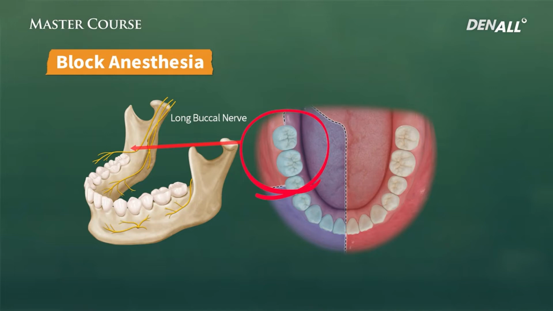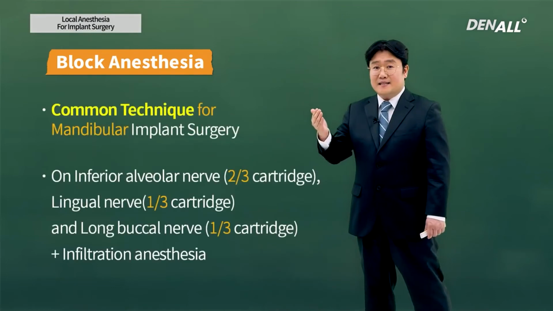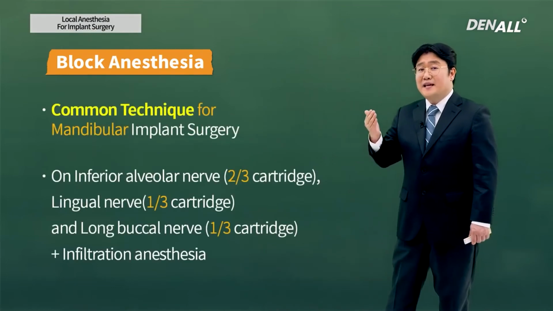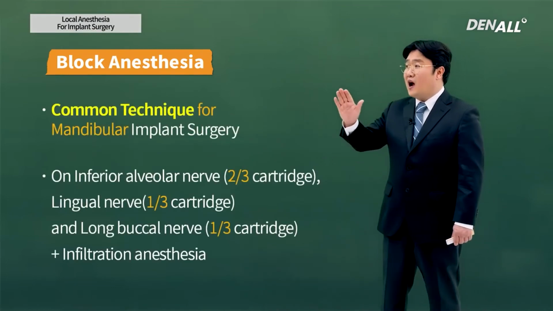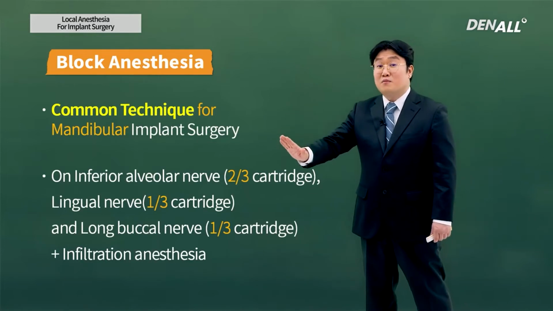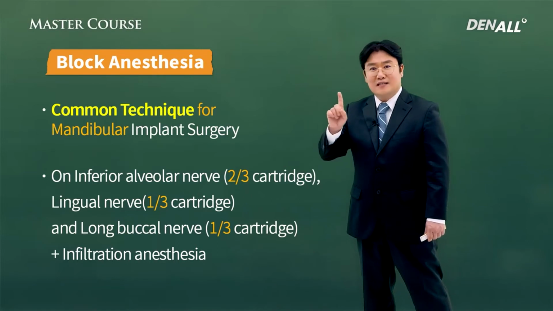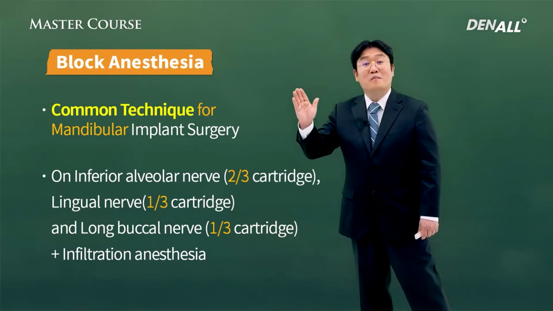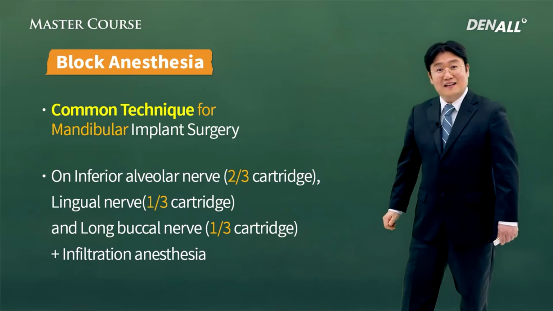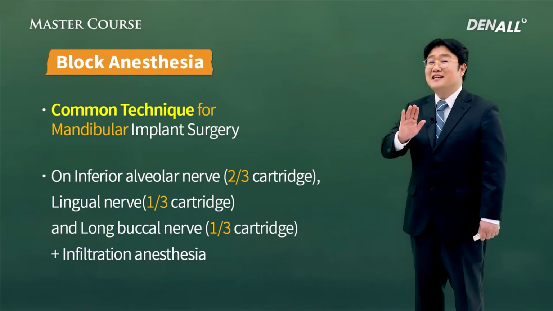The long buccal nerve blocking is not that difficult. 2/3 cartridge should be used to block the inferior alveolar nerve and lingual nerve, and the rest, 1/3 of the cartridge, should be used to block the long buccal nerve.